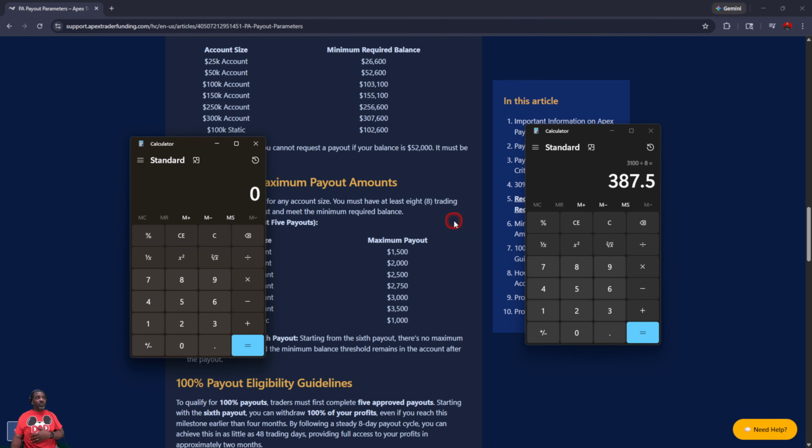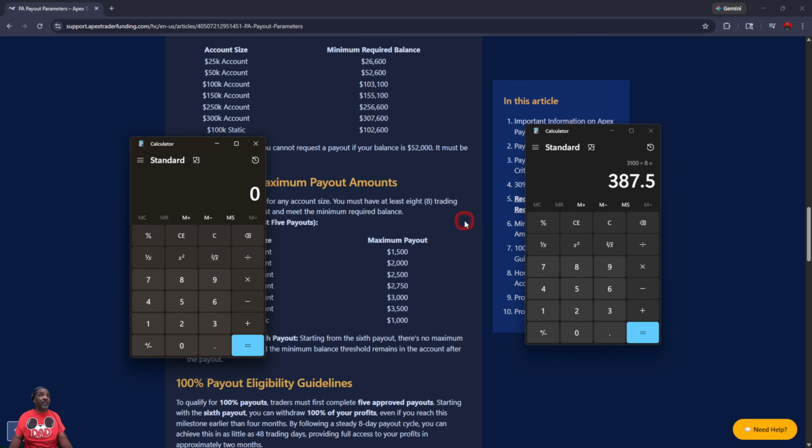So for a $2,000 payout, your highest day can't be no more than $600 for a $2,000 payout, if you just want to take it out at 2,000.